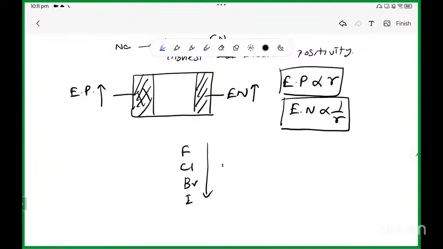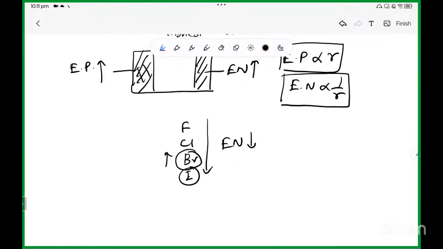In this direction, electronegativity is decreasing because atomic radius is increasing from top to bottom. So bromine has higher electronegativity than iodine. That is clear. Lithium and magnesium are out.